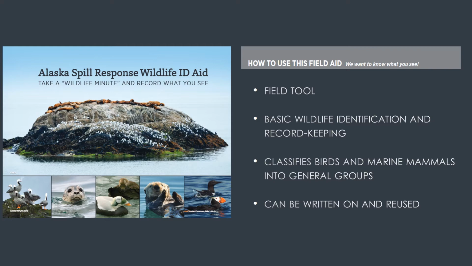Marine mammals can be categorized into 7 groups. Your observations can be recorded directly onto the pages of the aid using a permanent marker. After your observations have been reported, you can reuse the aid by removing the marks with rubbing alcohol or hand sanitizer.